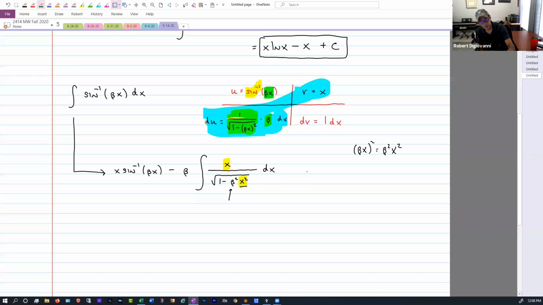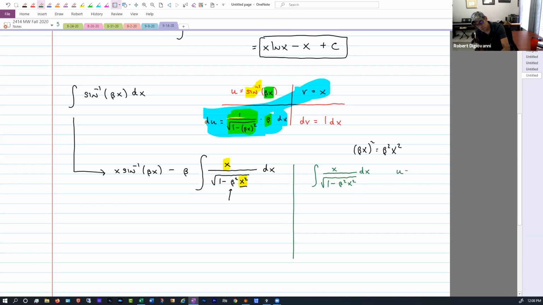So that's what I'm going to do. I'll rewrite it and make a basic u substitution. This is new work on the side here. I'm trying to do this integral. Ross, I'm going to leave the beta on the outside. You don't actually need it, but you were correct that u substitution is the direction to go.